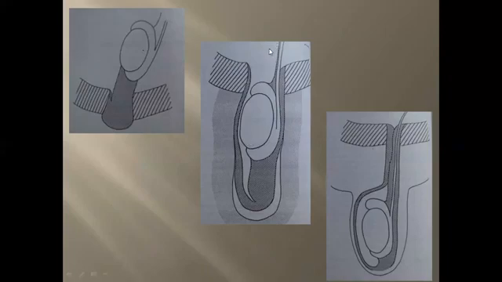Meanwhile, this is the processus vaginalis, which later becomes the tunica vaginalis, and if it remains persistent, there is what we call hydrocele. So this processus vaginalis later gets obliterated, and this is the tunica vaginalis, and this is the testis.